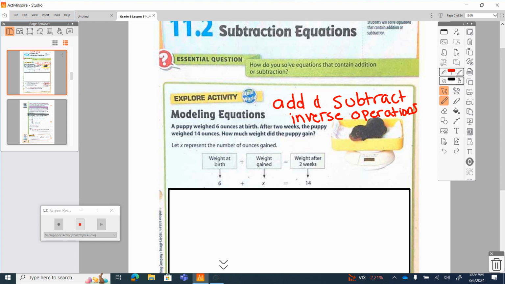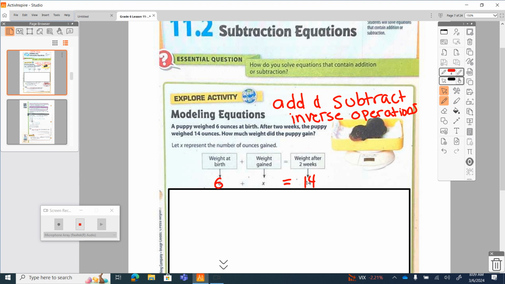So a puppy weighed 6 ounces at birth. 2 weeks later, time passes, and now the puppy is 14 pounds. So we want to figure out how much added to the birth weight.